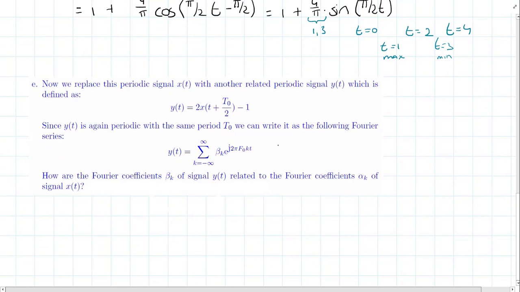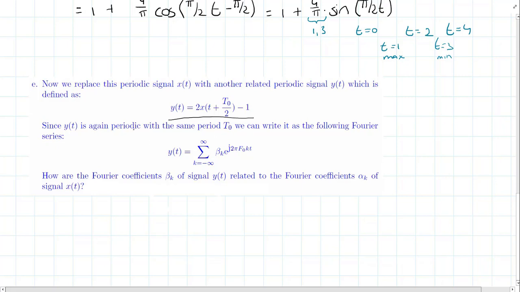So for exercise E, now we replace this periodic signal x of t with another related periodic signal y of t, which is defined as we can see here. So with a different amplitude, phase shift, and some kind of offset.